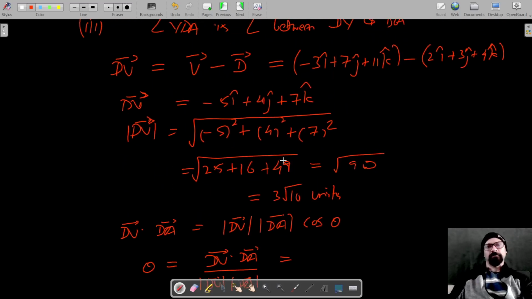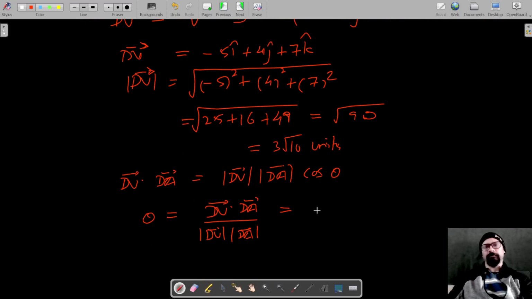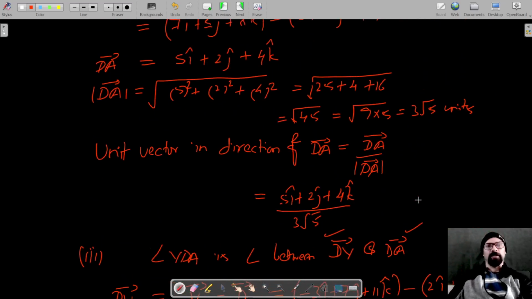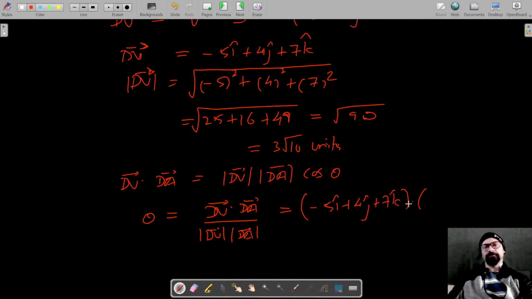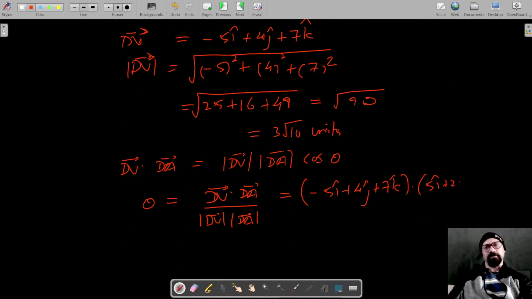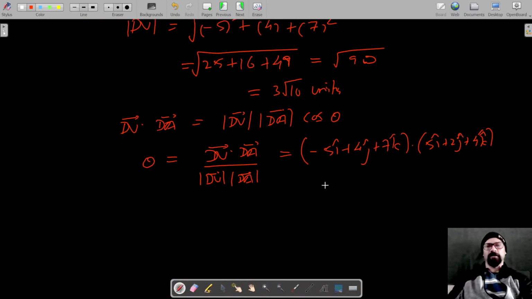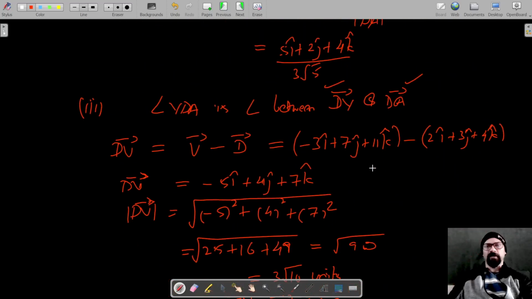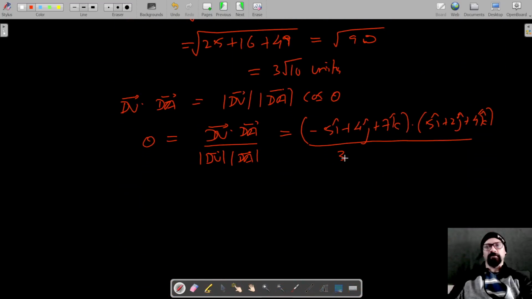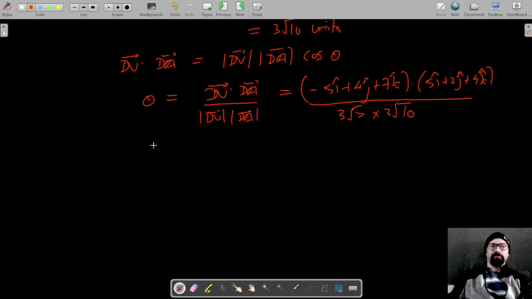So dV dot dA, where the dV vector is minus 5i cap plus 4j cap plus 7k cap, dot product with dA, where the dA vector is 5i cap plus 2j cap plus 4k cap, divided by the magnitudes, and the magnitudes are 3 root 5 into 3 under root 10. So this is actually cos theta.